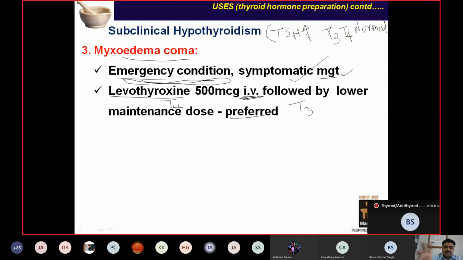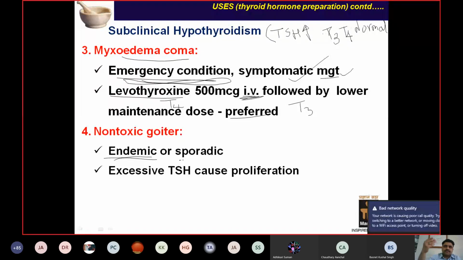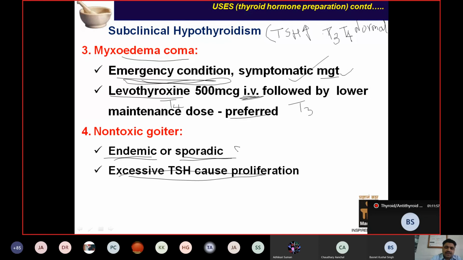Sometimes there is a defect in this system, the hypothalamus, anterior pituitary, and then the thyroid hormone. There is some disturbance in the hormonal concentration. In both cases we can use thyroid hormone.